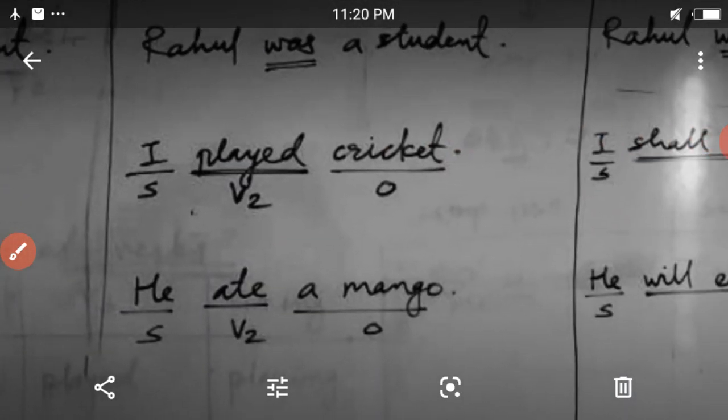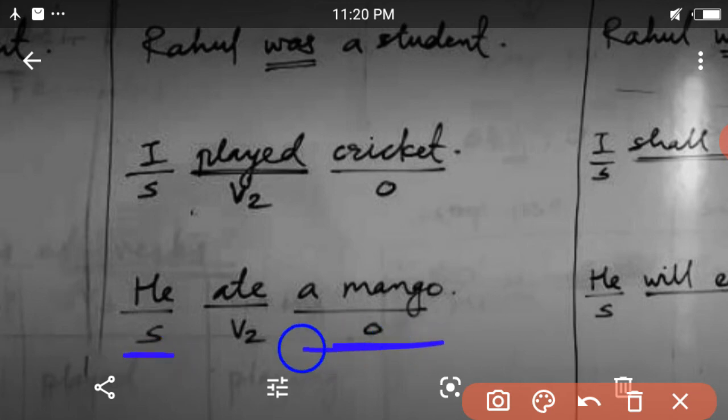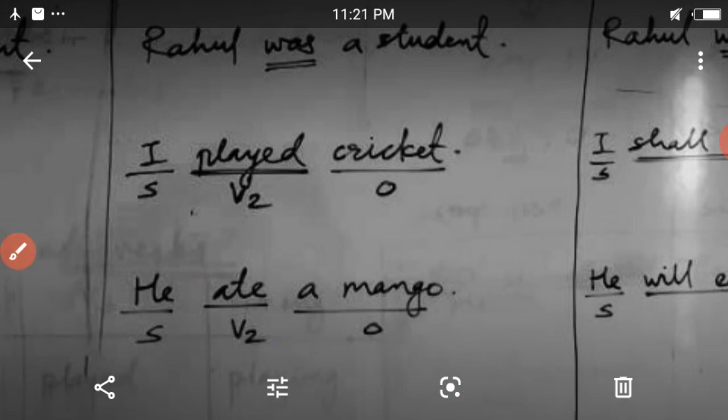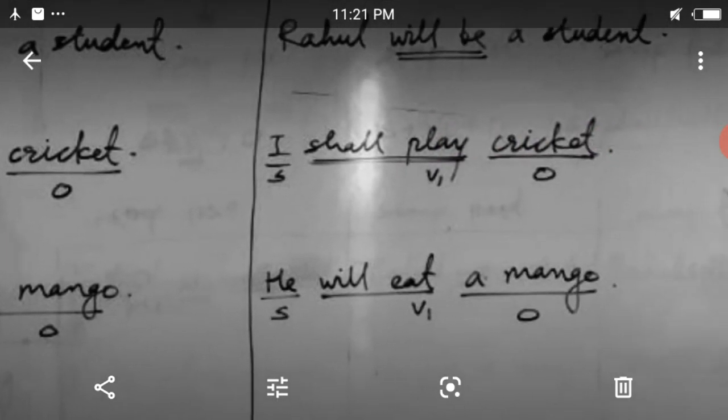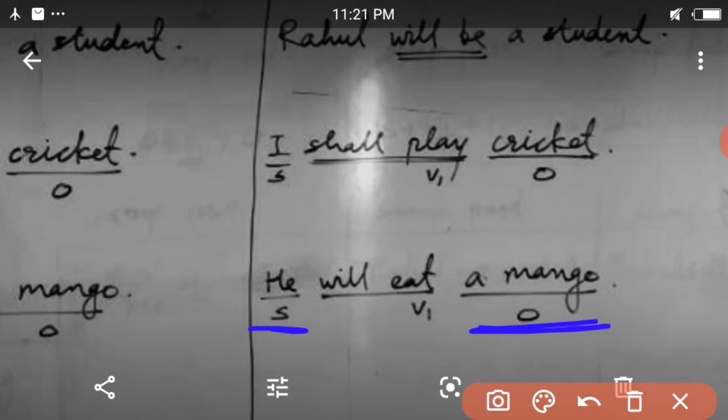So what answer will we get? Here, subject same, object also same, and V2 of eat, that is ate. So the sentence is he ate a mango. Now what about future? Again subject and object will remain the same. It is subject, a mango, object, right? And what about the future verb?